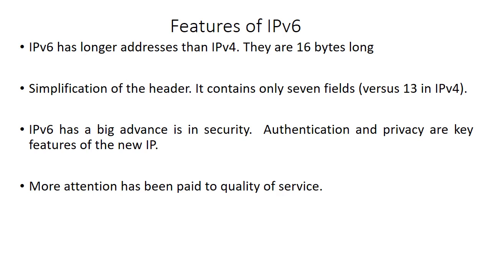IPv6 has also improved security, with great changes there. Authentication and privacy are the key features of the new IP. There is also more attention on good quality of service, and to achieve it IPv6 gives more attention to it.